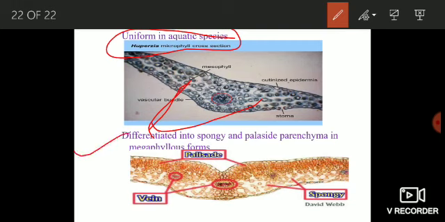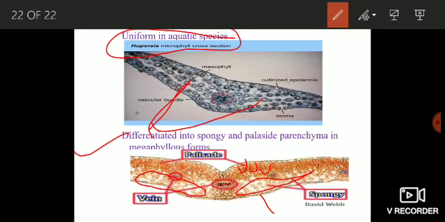And in the second type, the chlorenchymatous mesophyll is differentiated into a spongy and a palisade parenchyma. The spongy parenchyma lies towards the lower epidermis, and the palisade parenchyma lies towards the upper epidermis.